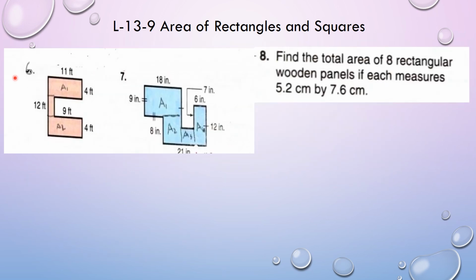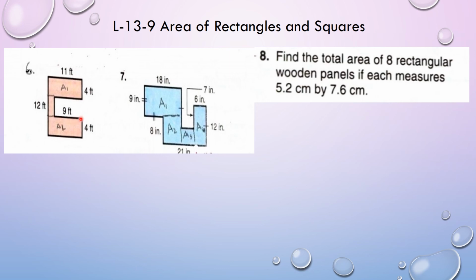In questions 6 and 7, these two questions are more complex figures. In this one, this is 11 feet here and 4 here, and this all together is 12, and this part you can see will be 9.